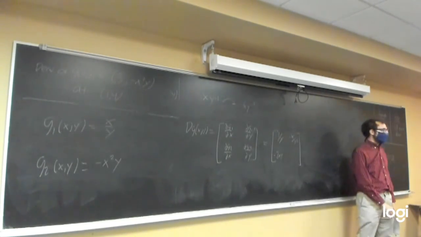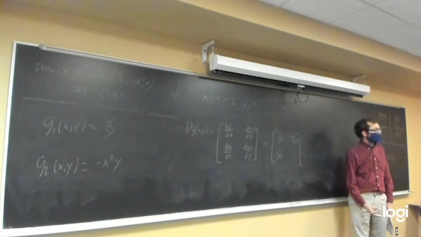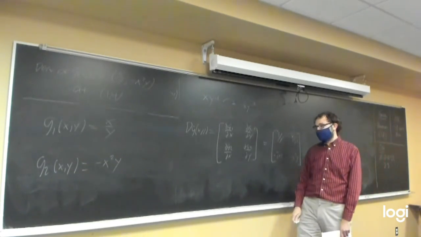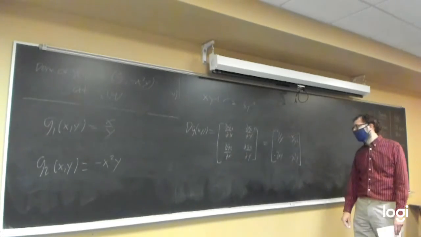And how about the derivative of g2 with respect to y? Yep, we have a constant, which is negative x squared times y. The derivative will just be that constant, so negative x squared.